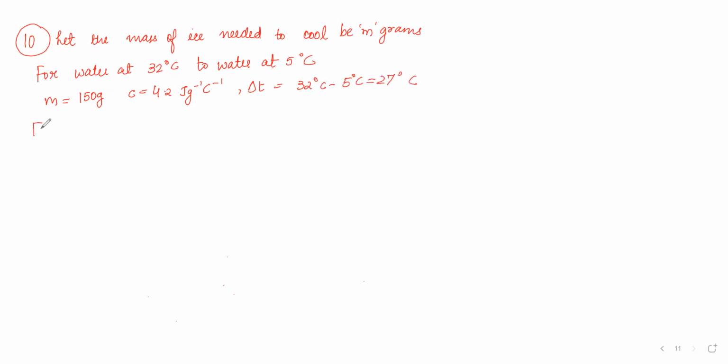So what is the energy? E1 will be equal to mc delta T. So this is 150 into 4.2 into 27. Okay, so this is what you are getting.